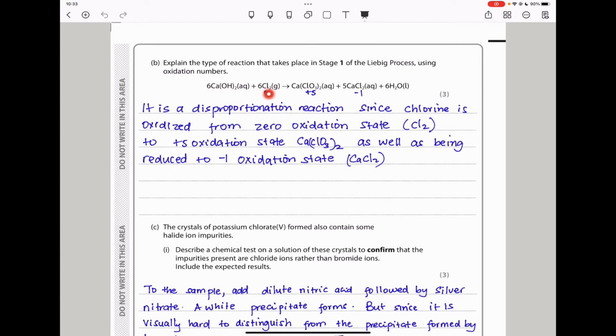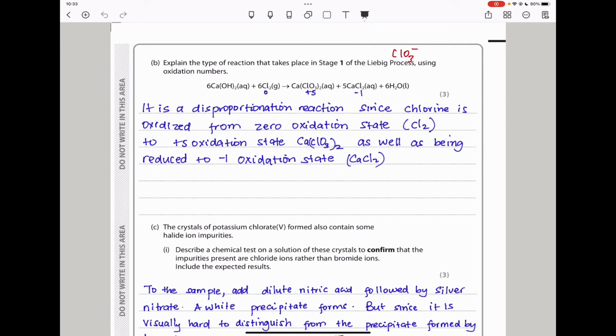Here we can see there is chlorine, which is an element, or you could say chlorine molecule, but on the other side we see it's a chloride. So it means chlorine is being converted from 0 to -1 oxidation state, that is reduction. However, there is another compound containing chlorine, and this is a ClO3, like that. That is going to be oxidation state +5.